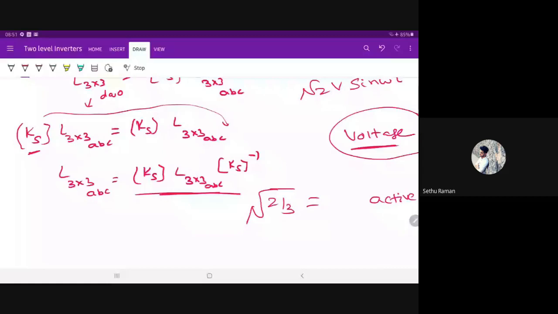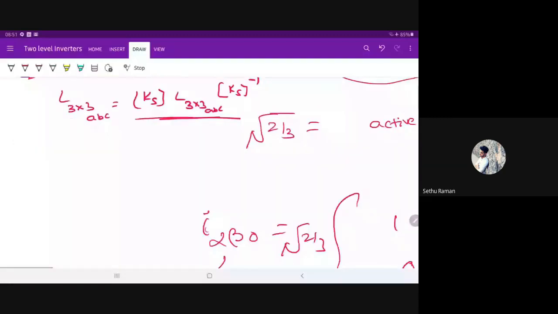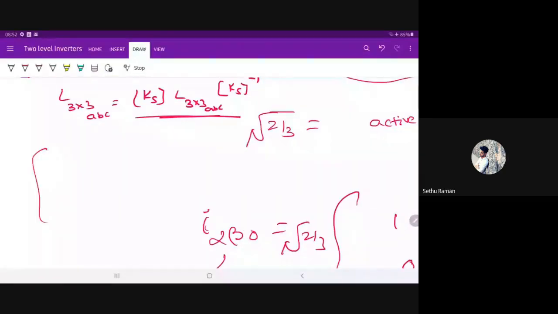So what you will get is some interesting thing. You'll get Ls, that is L minus M, 0, 0, 0, L minus M, 0, 0, 0, Ls, sorry, L plus 2M. So this is the inductance matrix.